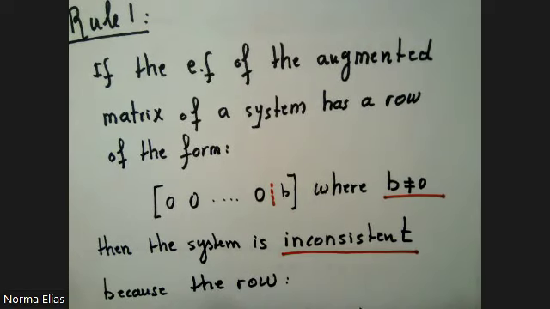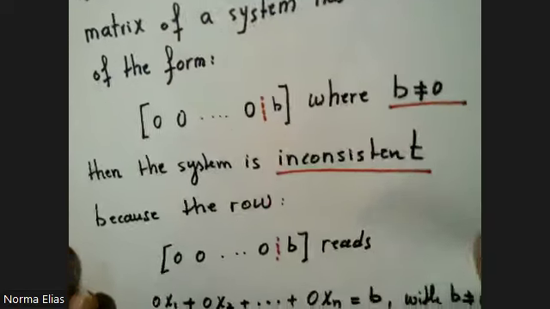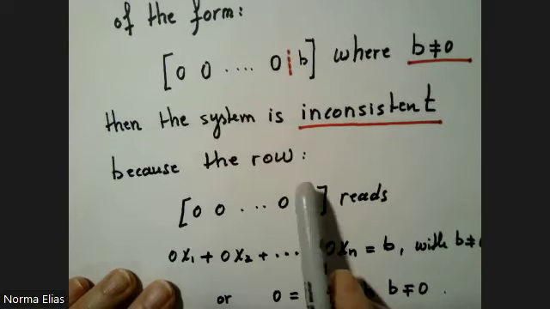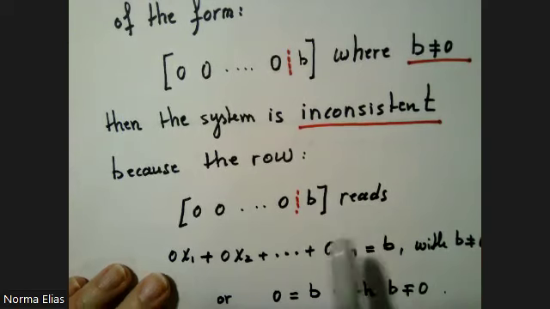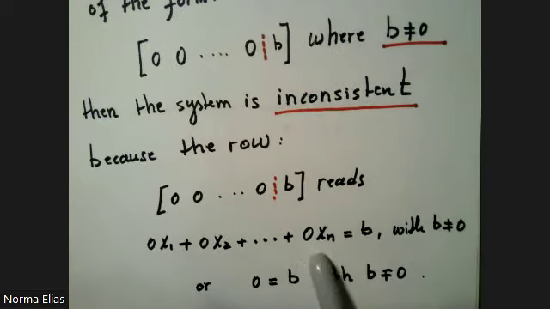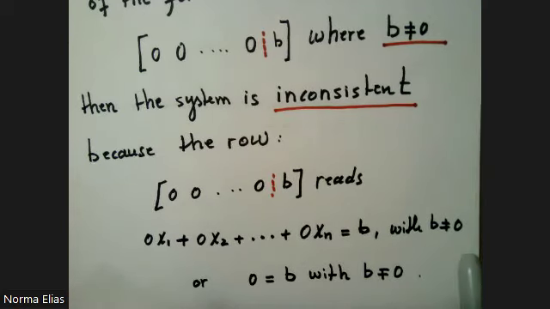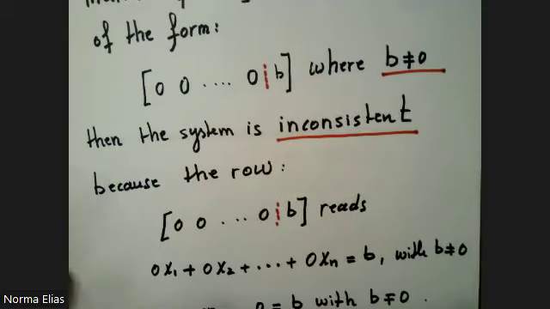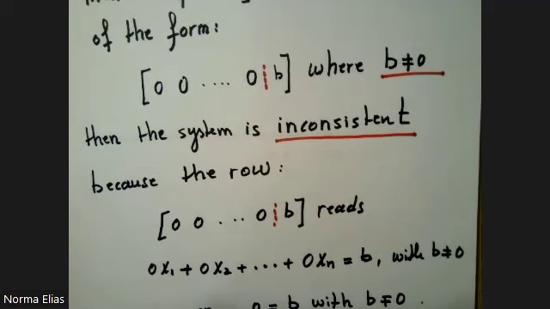The reason is that the row 0, 0, with a non-zero augmented term reads 0 x1 plus 0 x2 plus 0 xn equals b, with b different from 0. It reads 0 equals b with b different from 0, so there is no solution. Whenever we encounter this scenario, immediately we can deduce we have inconsistency.